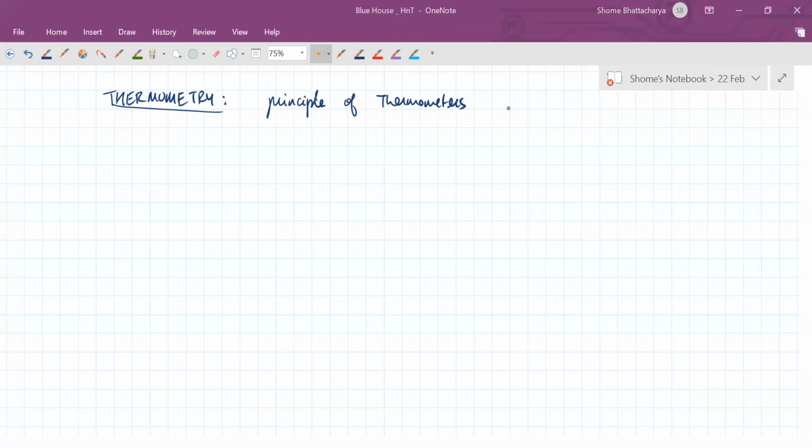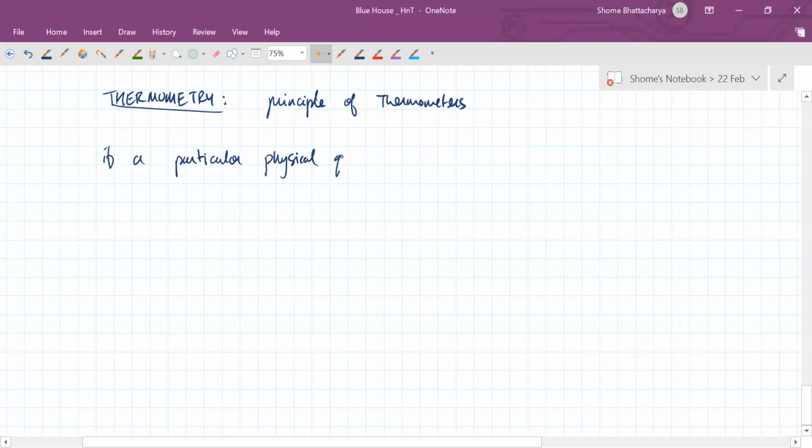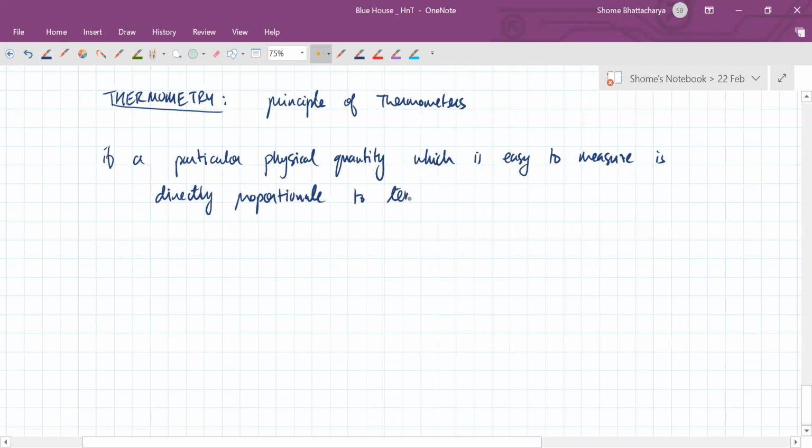Thermometers function on the concept that if a particular physical quantity which is easy to measure is directly proportional to temperature, then it can be used in a thermometer.